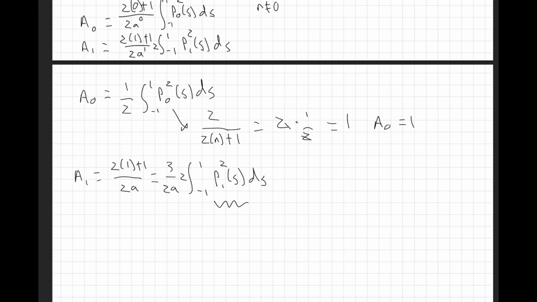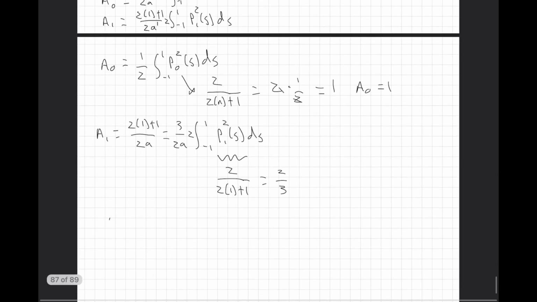This gives you 2 over (2 times 1 plus 1), which equals 2/3. So we get a sub 1 equals 3 over 2a times 2 times 2/3. So these 2's cancel, these 3's cancel, and we get 2 over a.